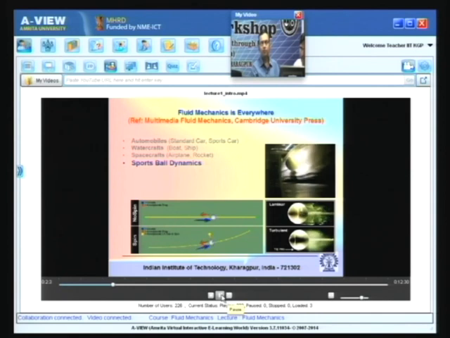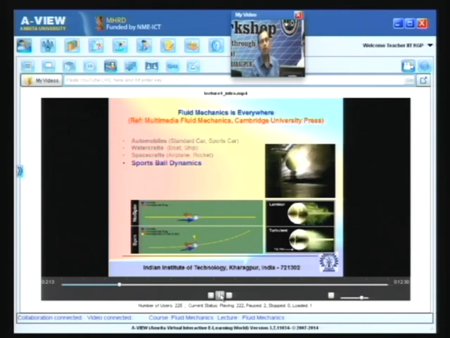Very much related to cars or watercrafts or spacecrafts, you have the dynamics of sports balls, where also there is interaction between the fluid and the solid. All of us know that sports balls have very interesting characteristics in their trajectory.